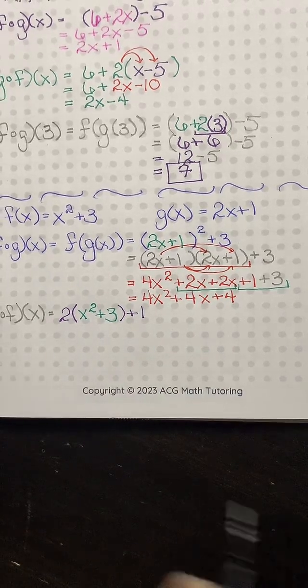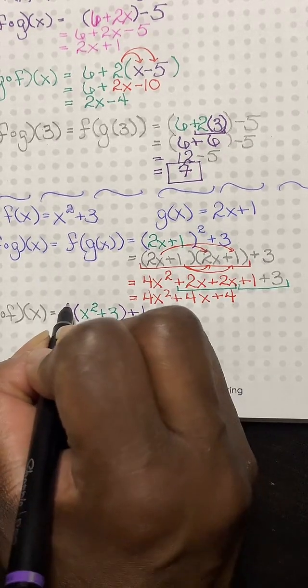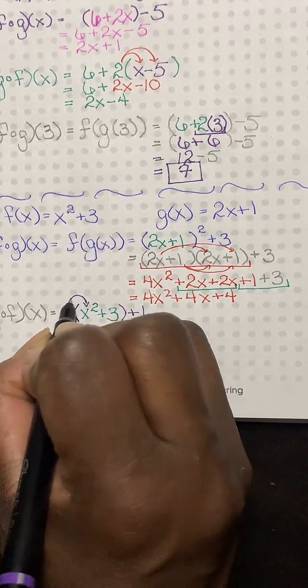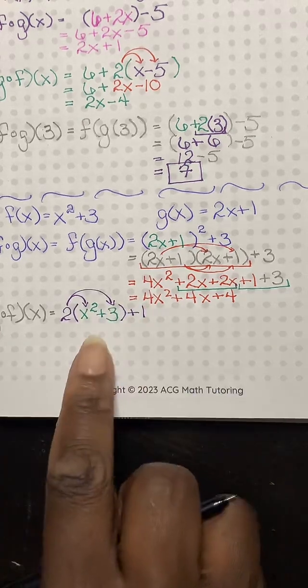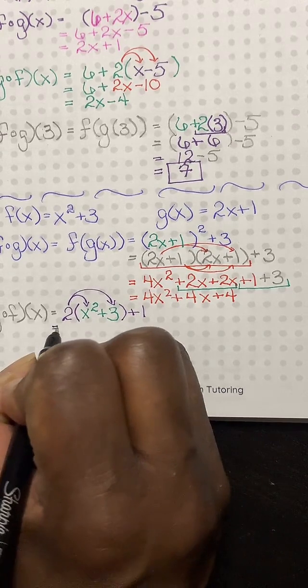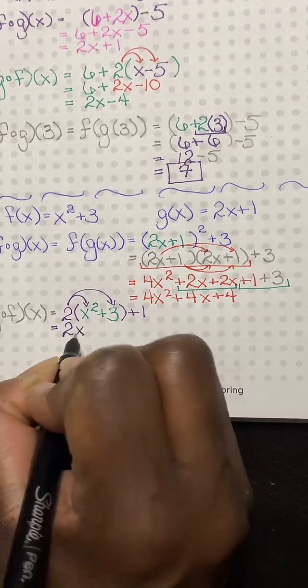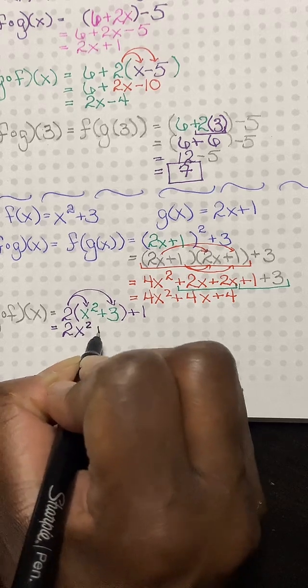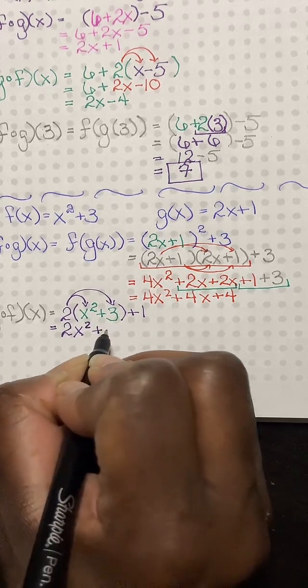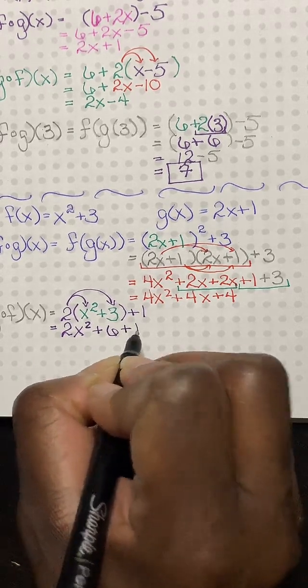So now, the only thing that we have to distribute is this 2 to everything inside of the parentheses. So 2 times x squared gives me 2x squared. Plus 2 times 3 gives me 6. And then we bring down the plus 1.